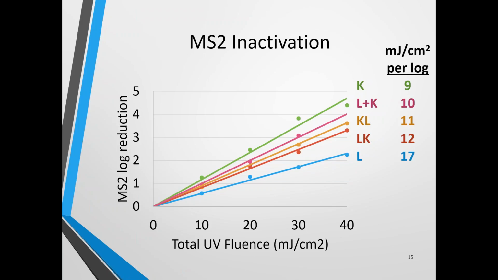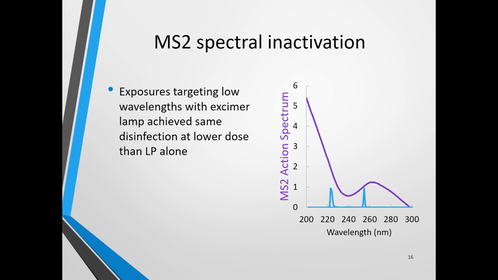And we can compare these in terms of the UV dose required to achieve a given log of inactivation of MS2. And you can see that the excimer lamp, the K UV source, has the lowest dose required to achieve a given log reduction, and the low pressure has the highest. And we can see that by adding a combination of the excimer lamp with the low pressure lamp that is traditionally used, we can achieve the same log reduction but with a lower UV dose.